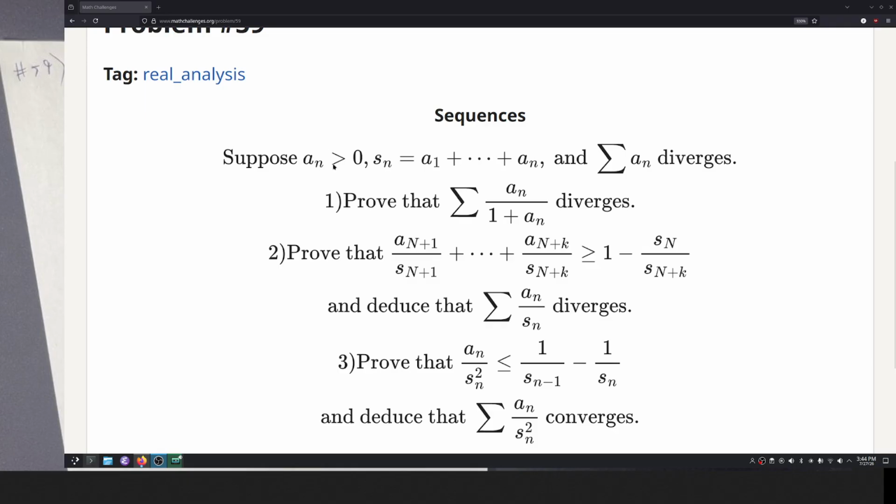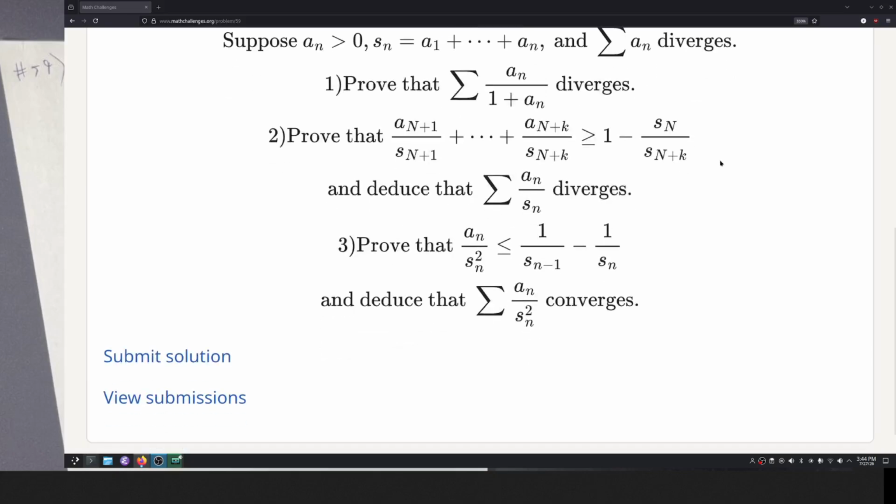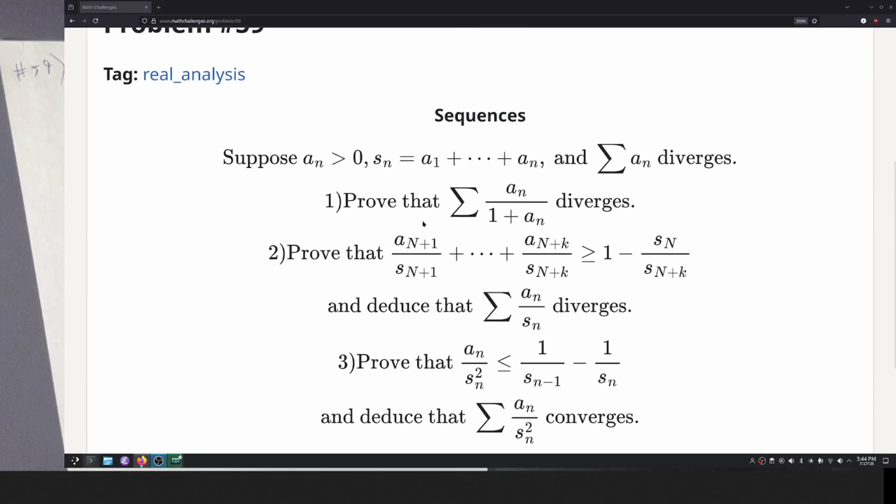Suppose you've got strictly positive terms, and suppose that your series diverges. And that's it for the hypotheses. The question is, can you prove that this quantity also would be divergent, first of all? Let's start with that one. If a_n is small, then this denominator gets large, right?